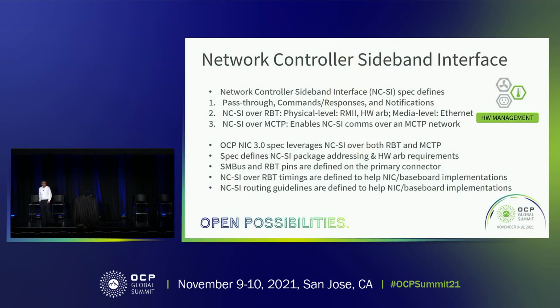As previously stated, the OCP NIC 3.0 specification defines operation over both RBT and MCTP over the physical layers that MCTP runs on. It defines the package addressing, which is how you differentiate the different NCSI endpoints from the BMC on one RBT segment.